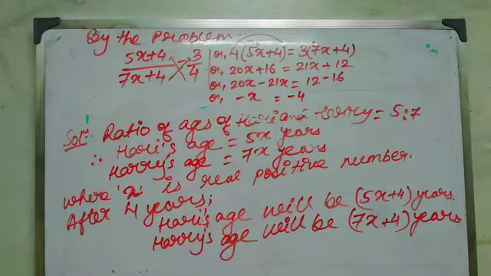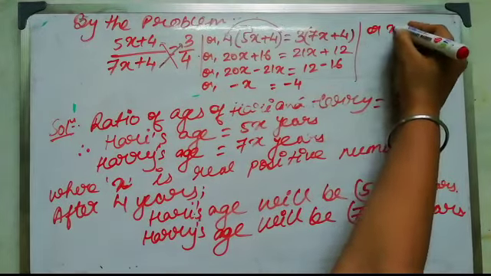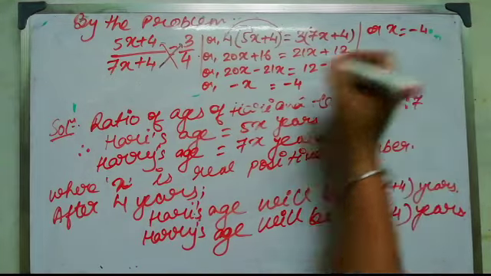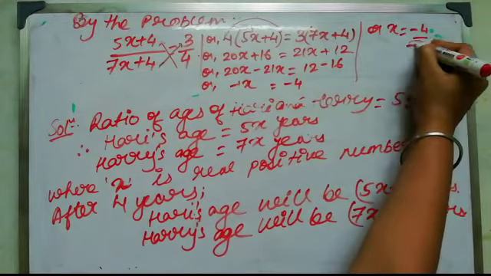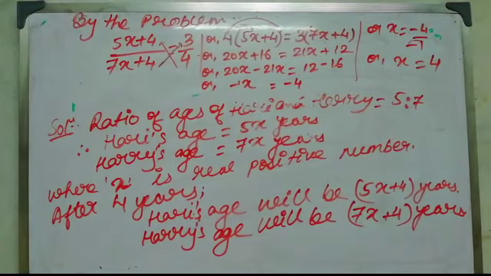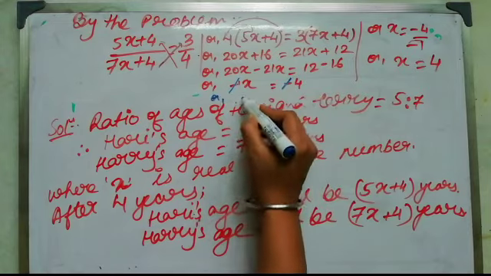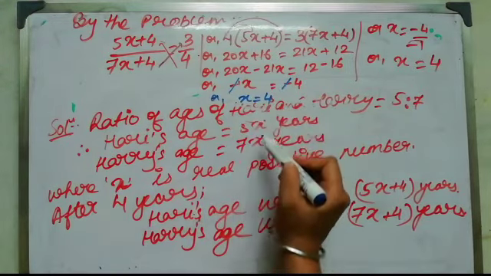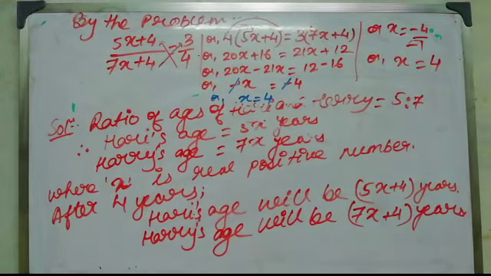But here is the problem: we have minus x and we need to find the value of only x, right? So what can I do? Or x is equal to minus 4 divided by minus 1, or x is equal to 4. Or the second method is you can simply cancel the minus on both sides and write x is equal to 4. Two methods, one with the blue pen, one with the red pen, both give me x as 4.